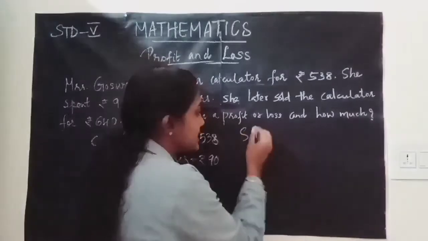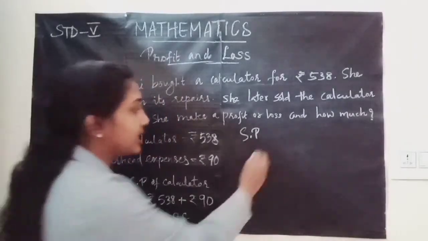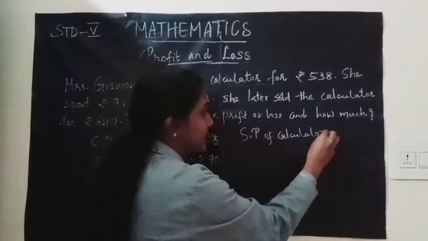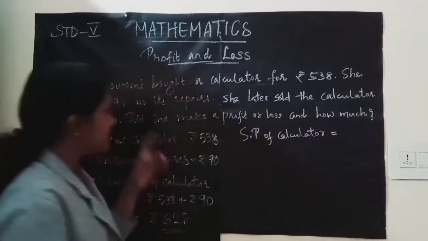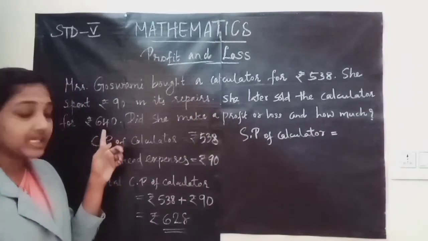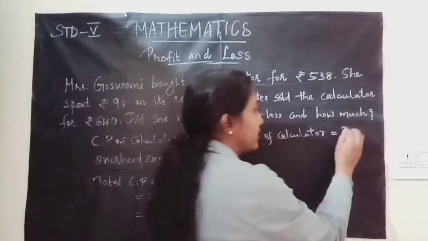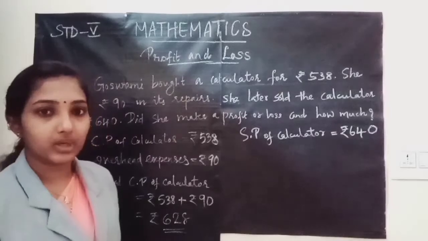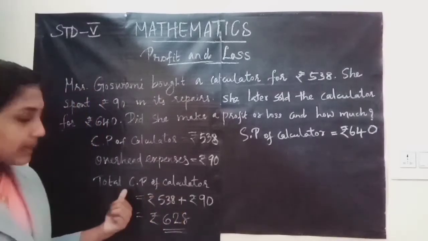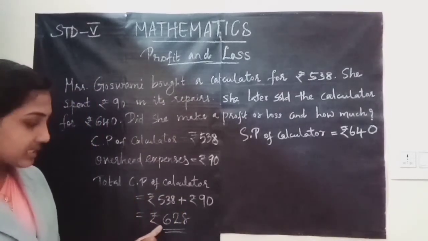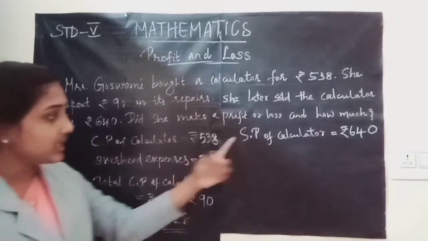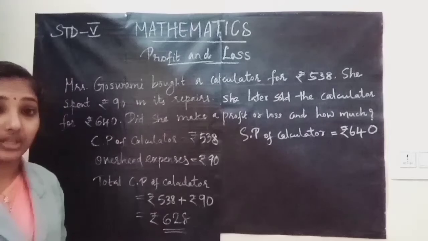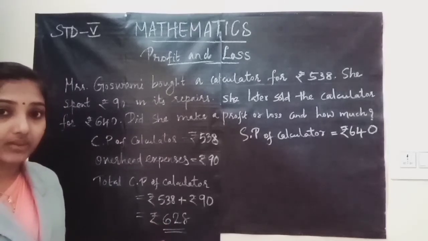The selling price, SP, of the calculator is equal to rupees 640. Here, the total cost price of the calculator is 628 and the selling price is 640. Which is greater?